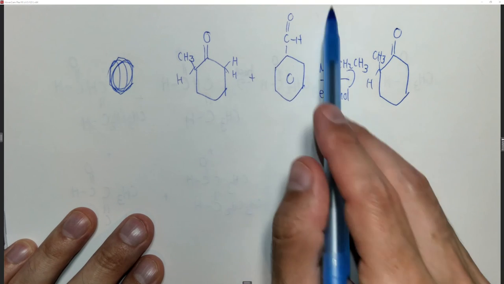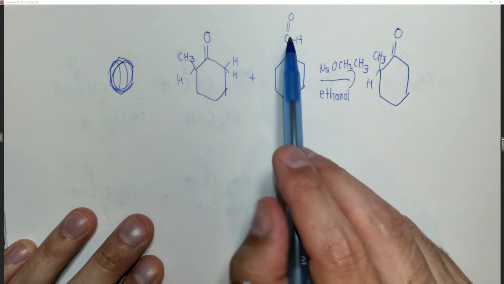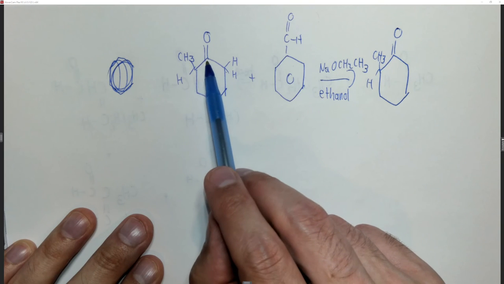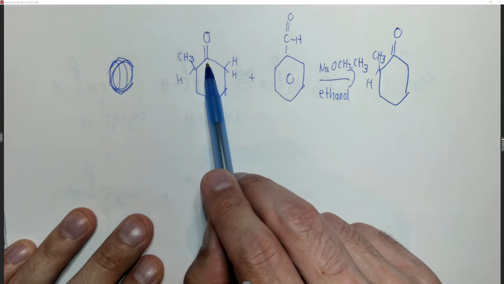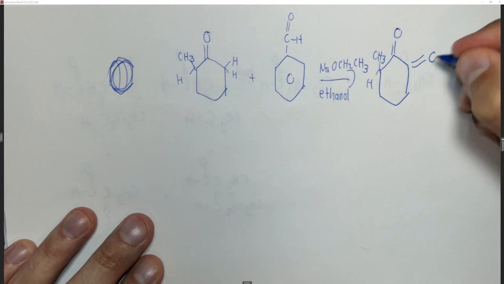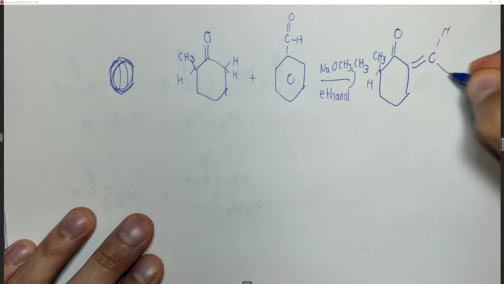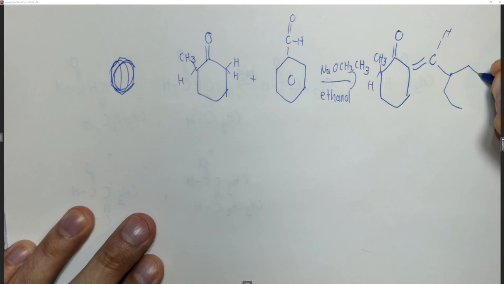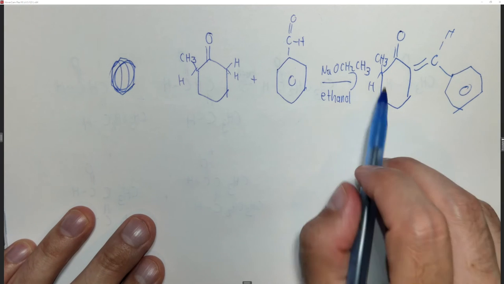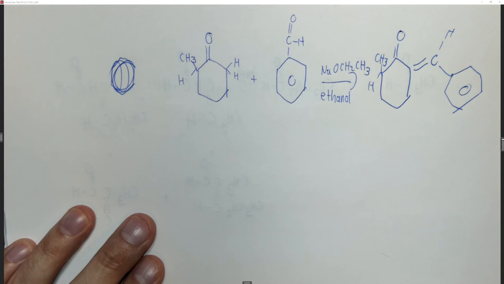It's going to preferentially attack this one. Why? Steric hindrance. This carbon is much less sterically hindered than this carbon. So what happens is this becomes double bonded to this C, which continues to be bonded to an H and continues to be bonded to a ring, like so. All right, so this is a major product.